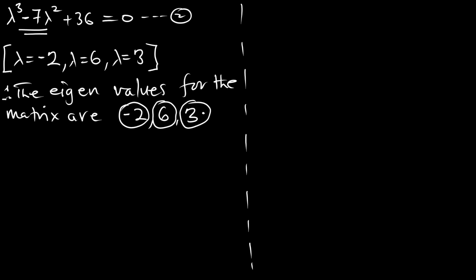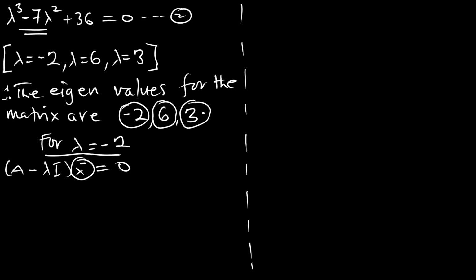So let's start with lambda equal to negative 2. If the eigenvalue is negative 2, how do we find the eigenvector? We can find the eigenvector from the equation A minus lambda I times the eigenvector equal to 0. Are we okay?